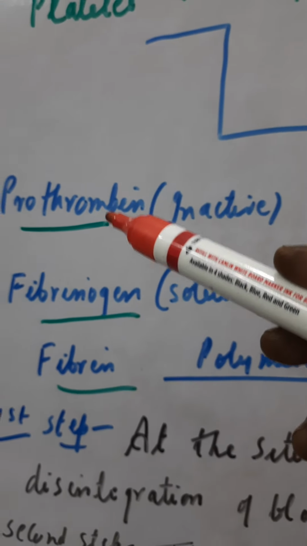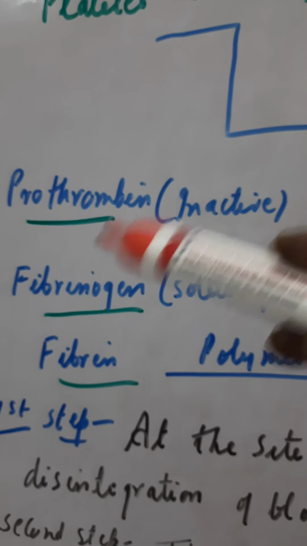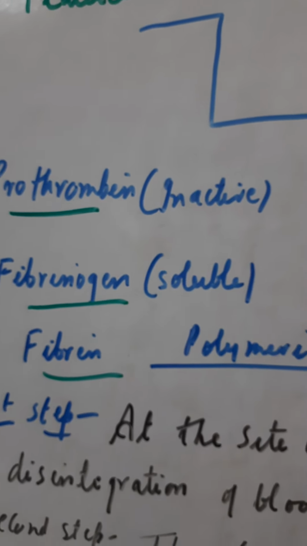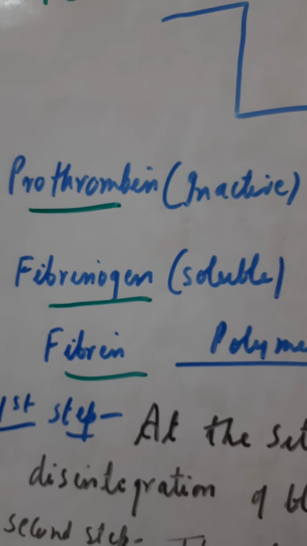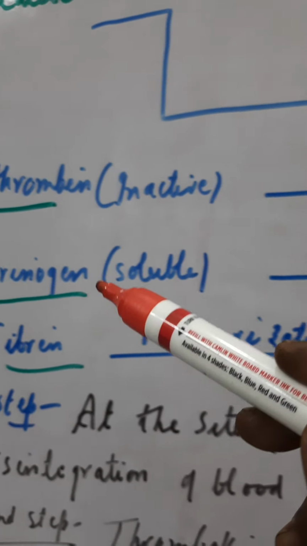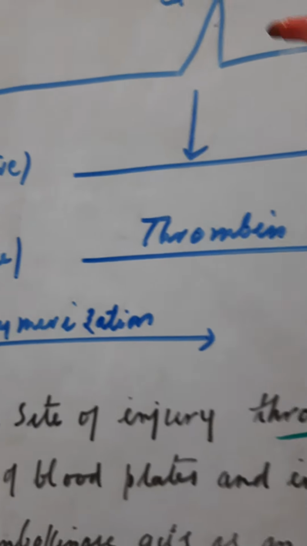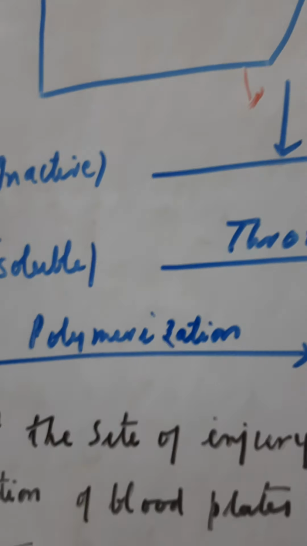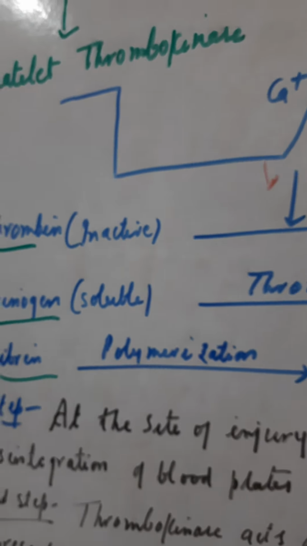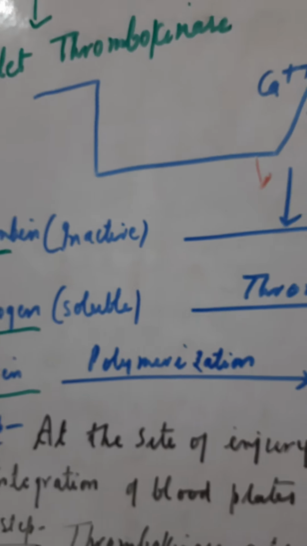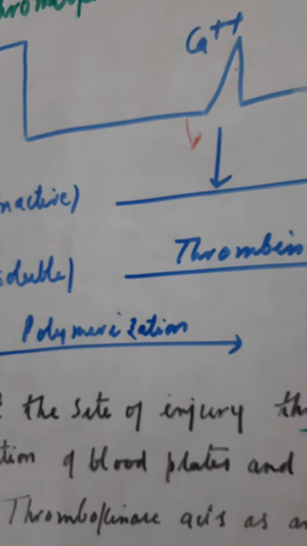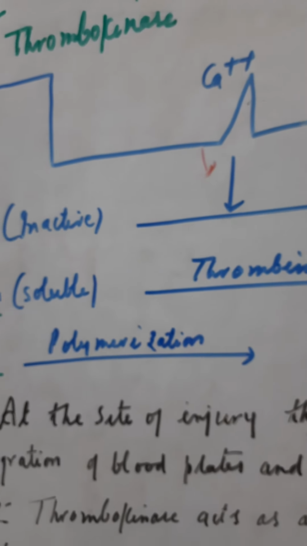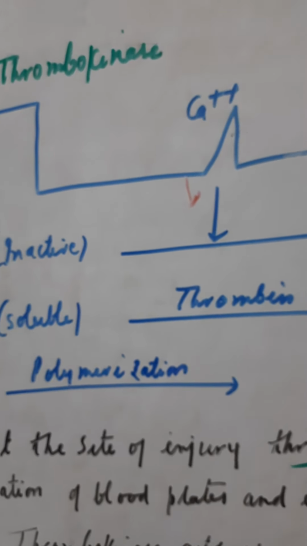As I have told, pro is always inactive, and gen at the back of the enzyme name also indicates the inactive condition. So prothrombin is converted into thrombin in the presence of thrombokinase.